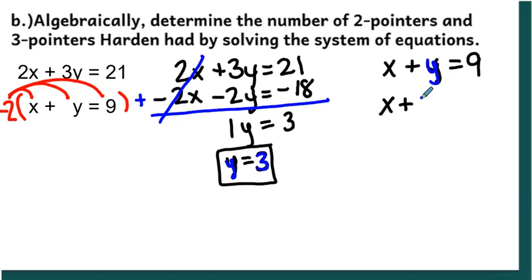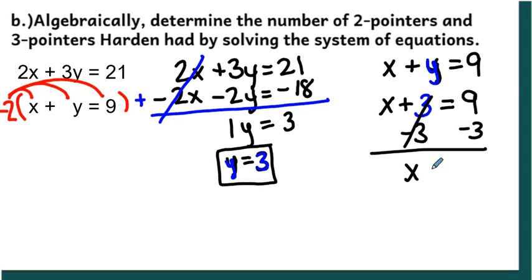X plus 3 equals 9. And this is a one-step equation that we know how to solve. Subtract 3 from both sides of the equation, and this leaves us with x equals 6. And we have just used the elimination method to solve for both of our variables.